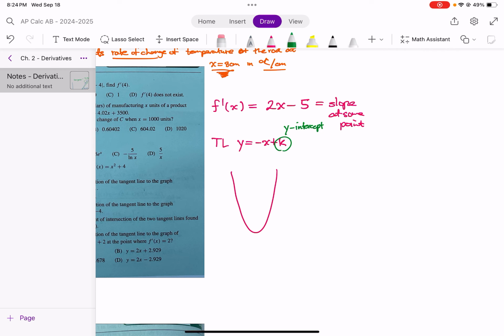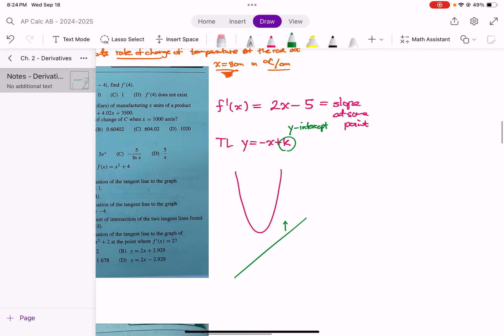And you can imagine, if I started my line here and I just sort of move it up by increasing the k value, eventually it will touch the graph at exactly one point. But if I keep increasing the k value, it will no longer be a tangent line. So there's only one k value that makes it tangent, right?